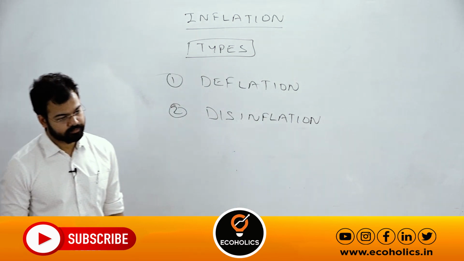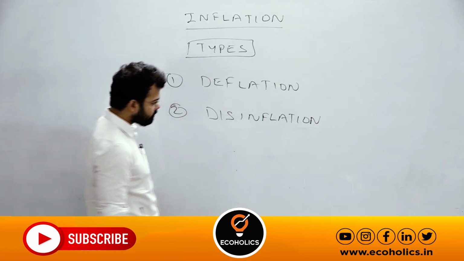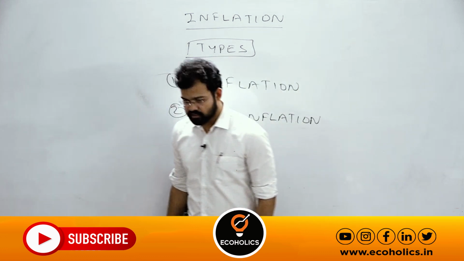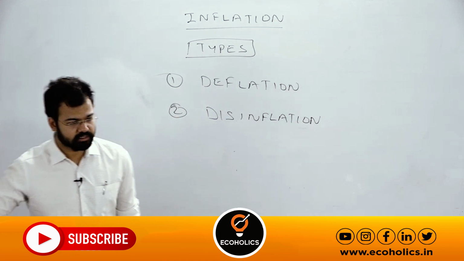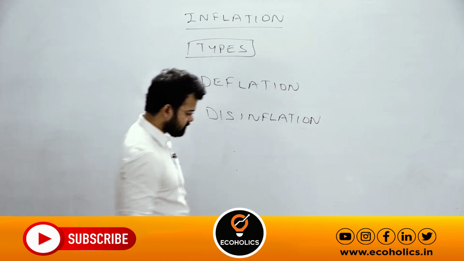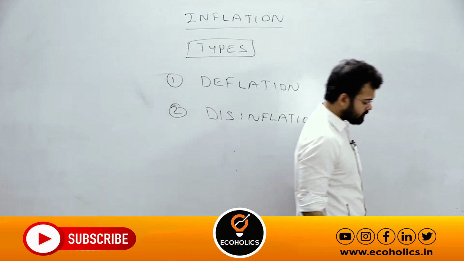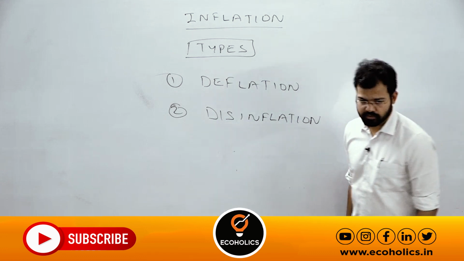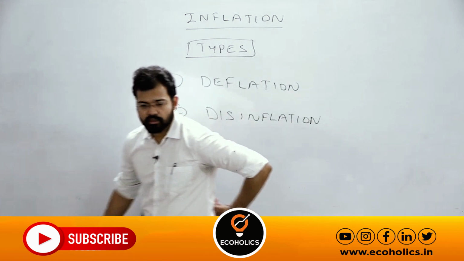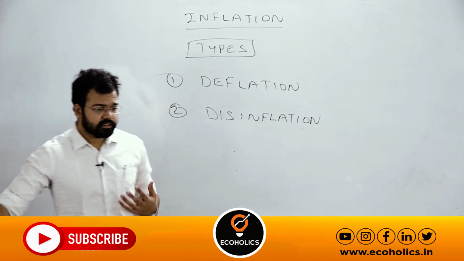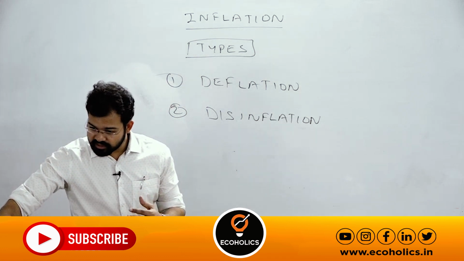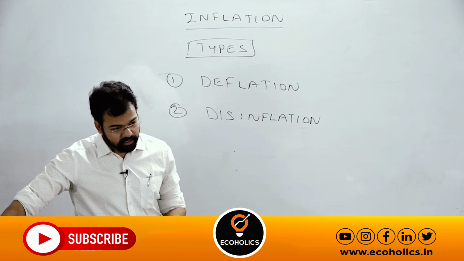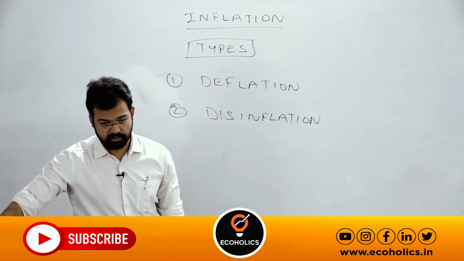Full stop. In bracket, you can write a reduction in the inflation rate, from 5% to 2%. Getting my point? If you experience a fall in the rate of inflation, the situation is known as disinflation.